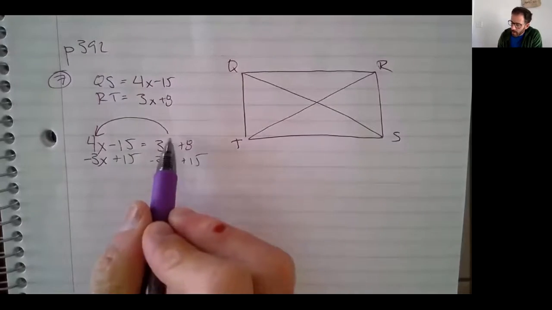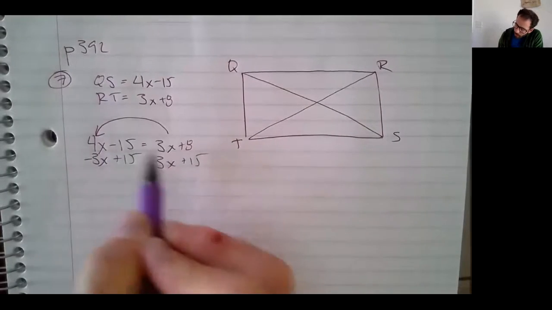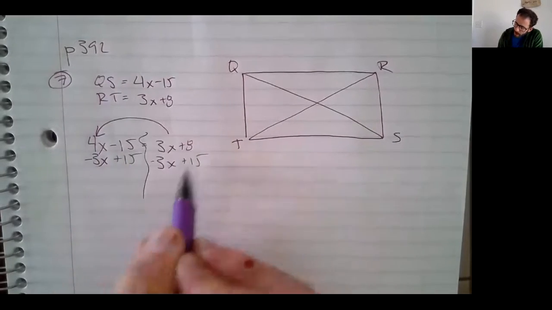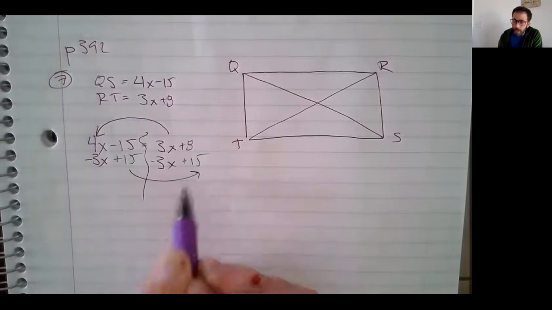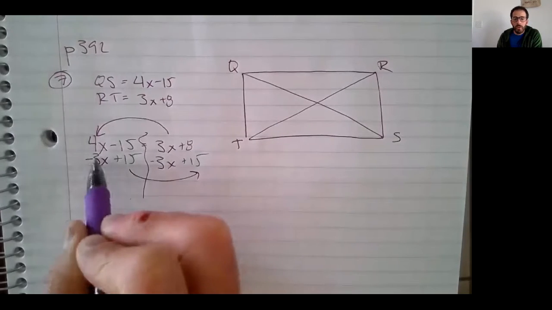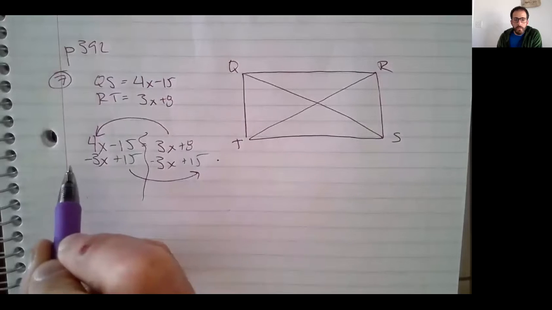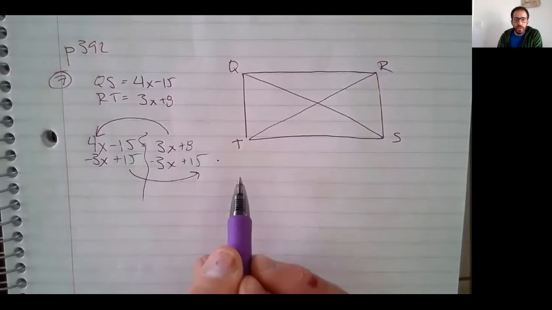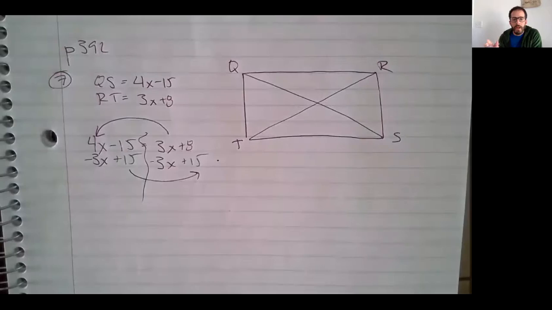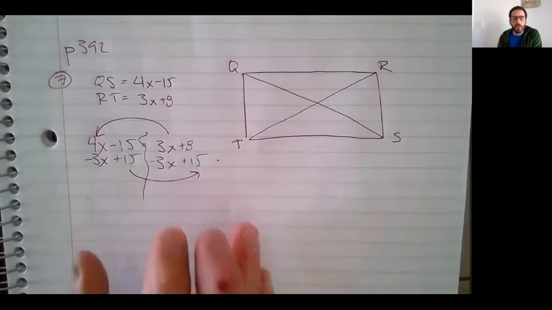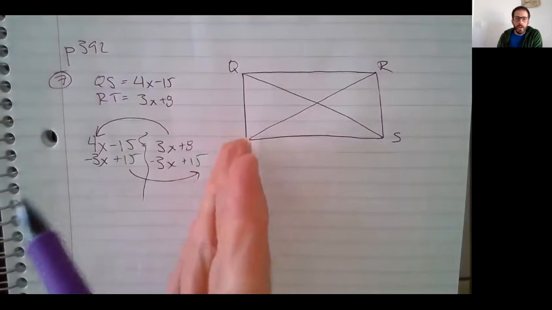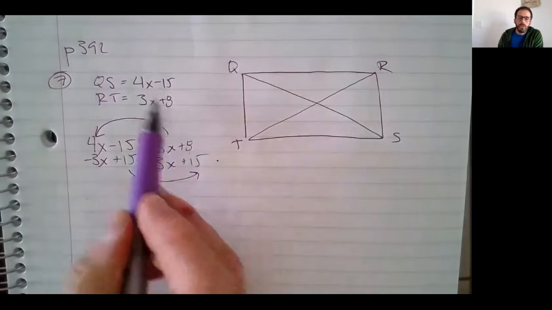So pick a side. I picked the x's over here. So what do I do to get them over there? I have to do the opposite operation. Likewise for the constants. So if you're stuck with the minus 3x on both sides, the plus 15 on both sides, don't think about it math-wise. Think about it, what's the goal? The goal is to get the x's. How do I cross the bridge? I have to do the opposite.